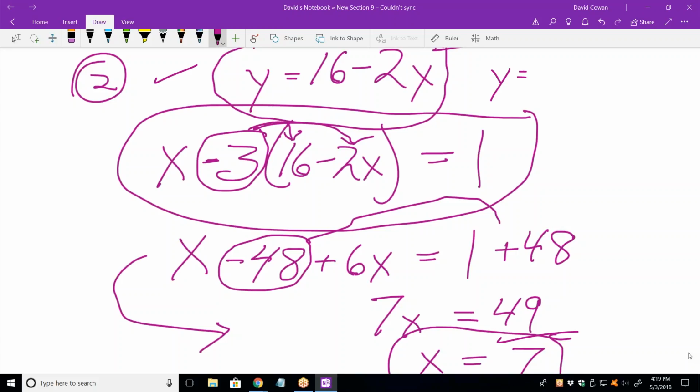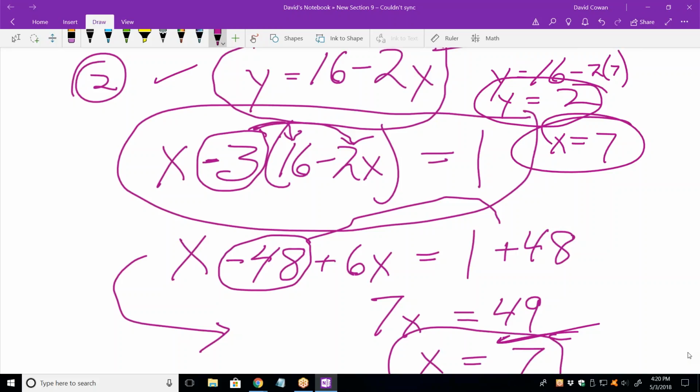Y is 16 minus 2x. What is x? X is 2. Oh, what is 7. We just solved for x. Yeah, X is 7. I thought you were talking about 2 times 7. Well, that's 14. 16 minus 14 equals 2. So there's our solution. We got x equals 7 and y equals 2.